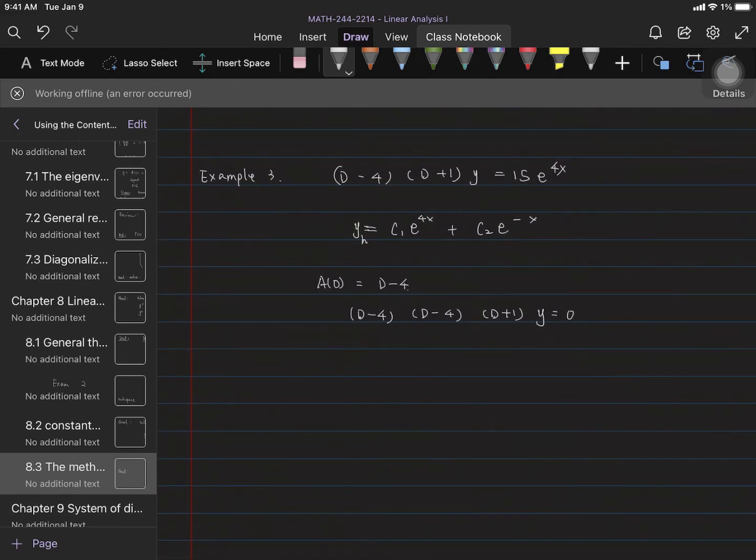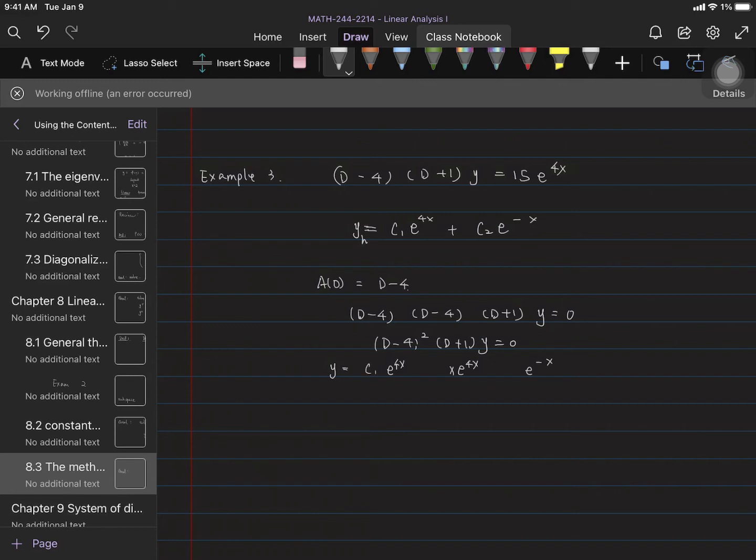So here, let's simplify a little bit: (D minus 4) squared (D plus 1) y equals 0. And let's write down the general solution corresponding to this one. Y should be e to the 4x, x e to the 4x, right? And e to the negative x. Okay, and this is the general solution.